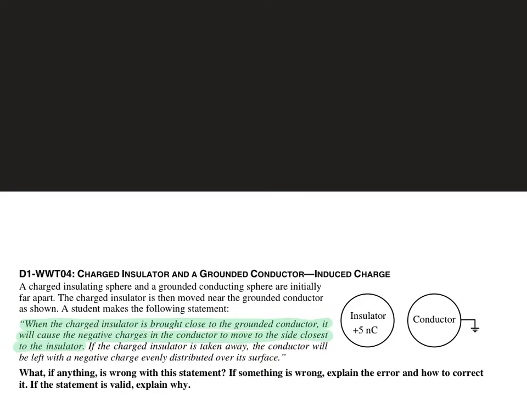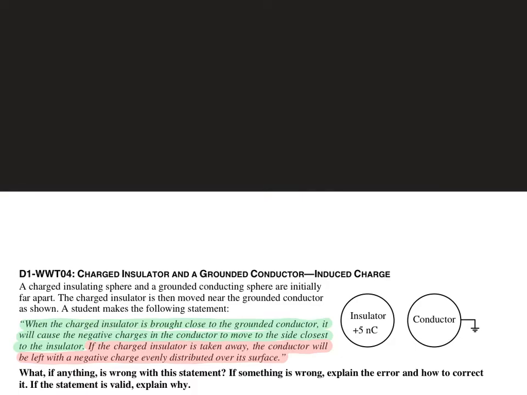If the charged insulator is taken away, the conductor will be left with a negative charge evenly distributed over its surface. True or false? 50-50 chance. False is the correct answer, but why?